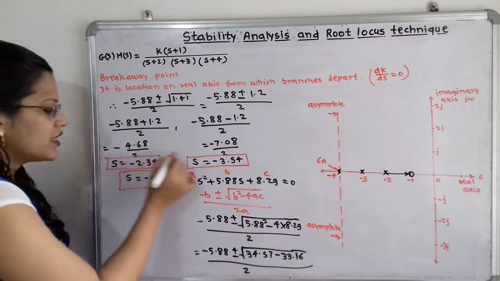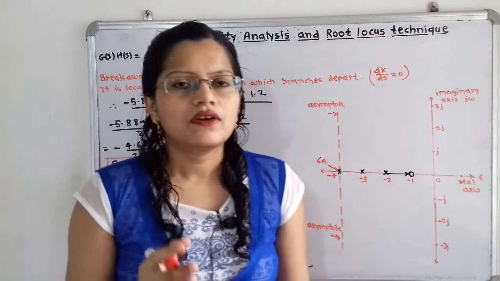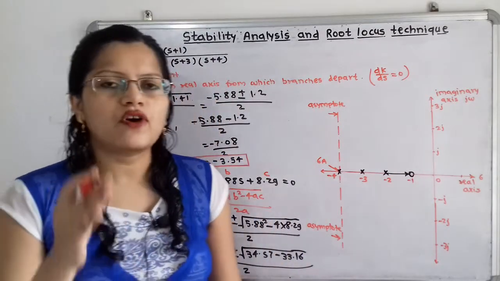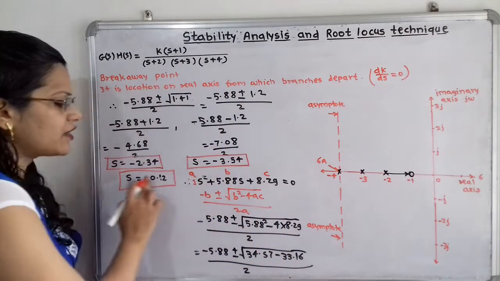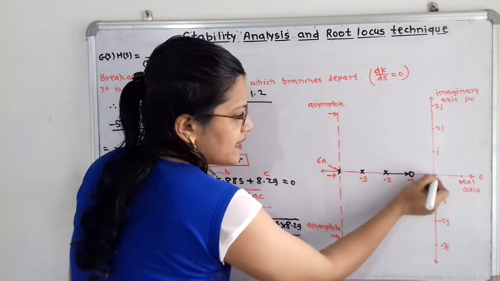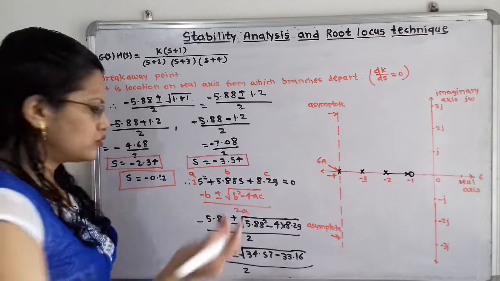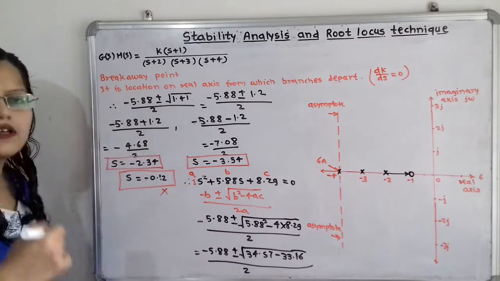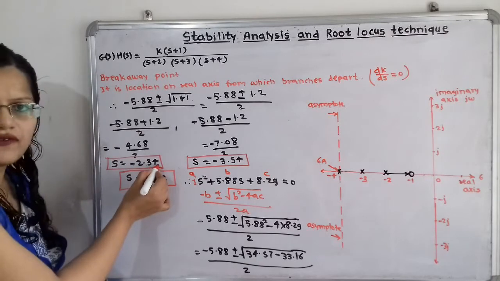We know which points are part of the root locus on the real axis. So minus 0.12, the point is here. On the right hand side there is no odd number of poles and zeros, so this point is getting cancelled.